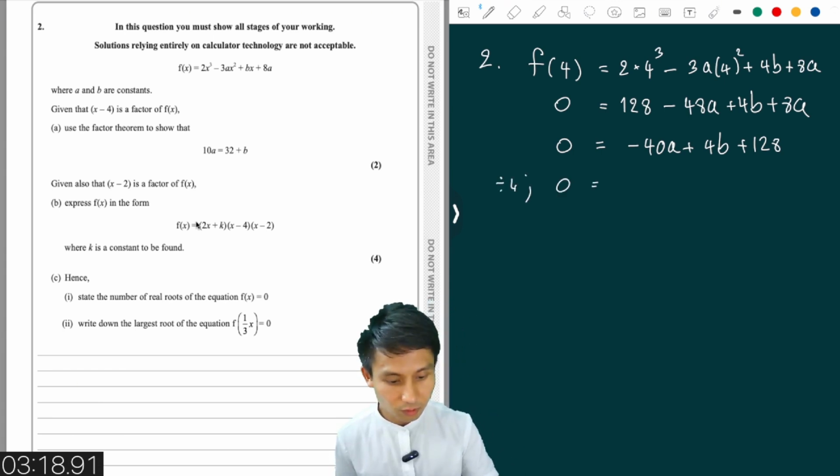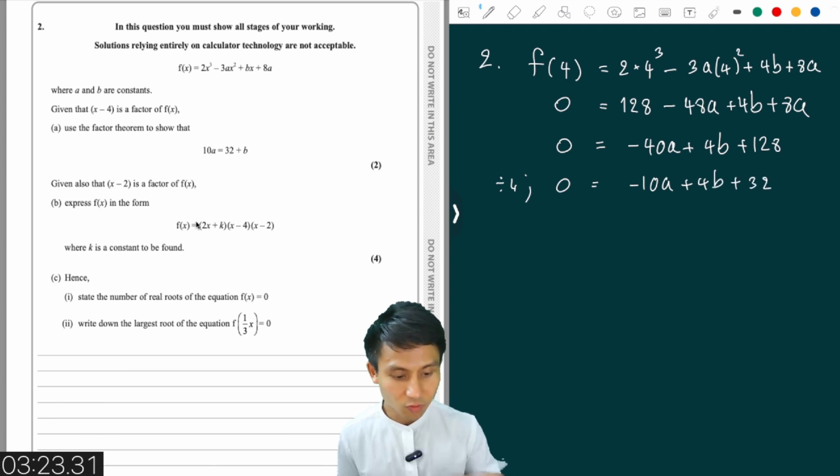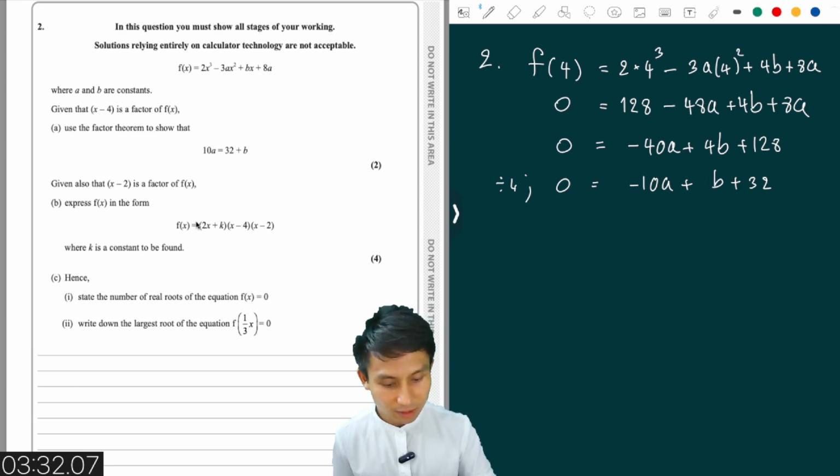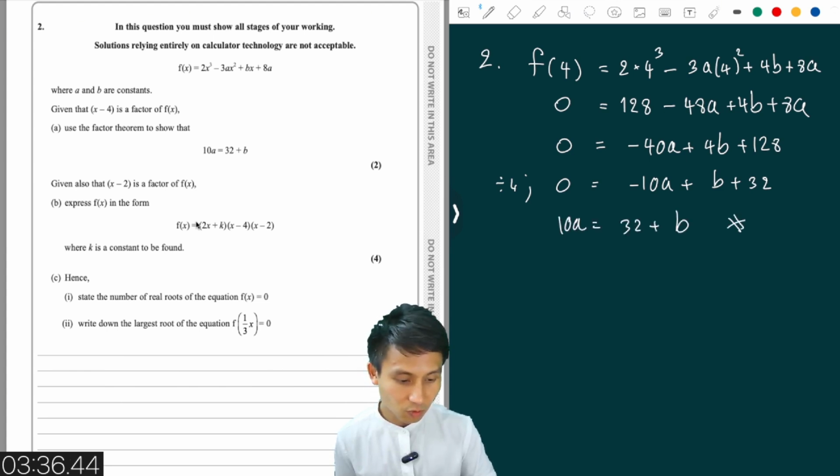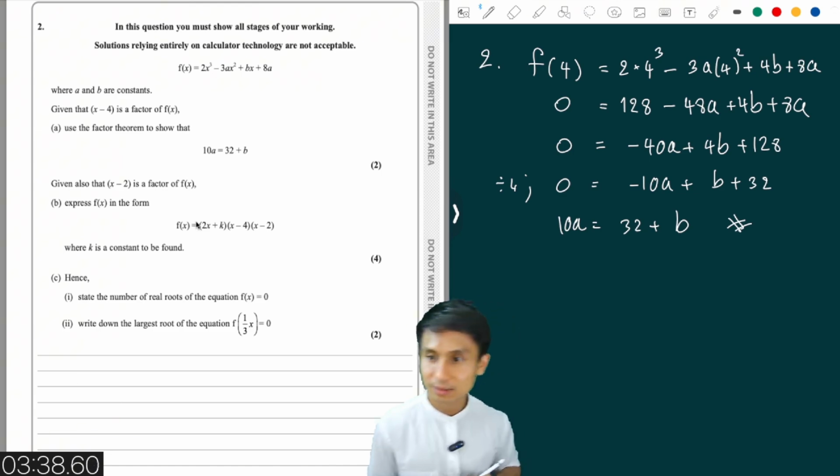So we get 0 equals minus 10a plus b plus 32. Rearranging, we should get 10a equals 32 plus b, as required.